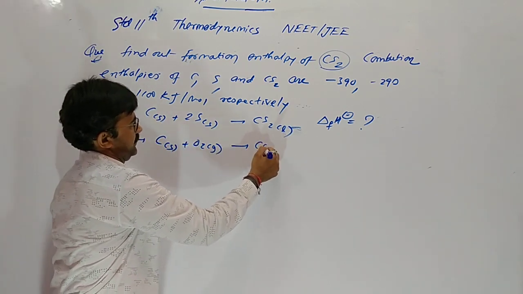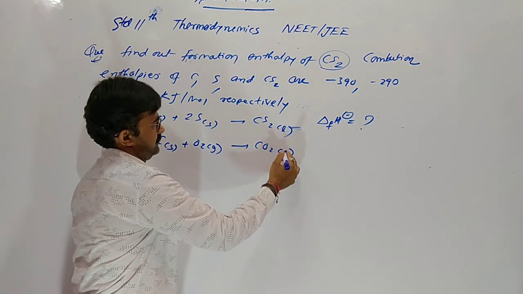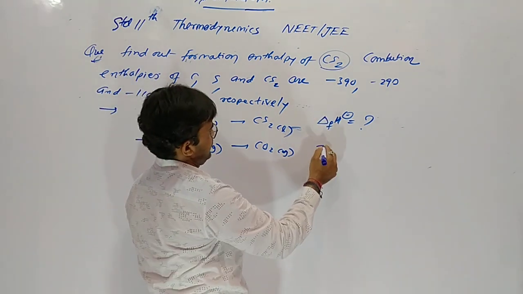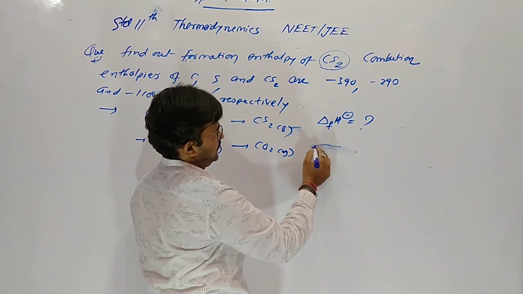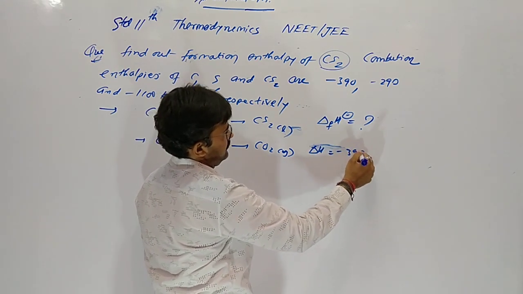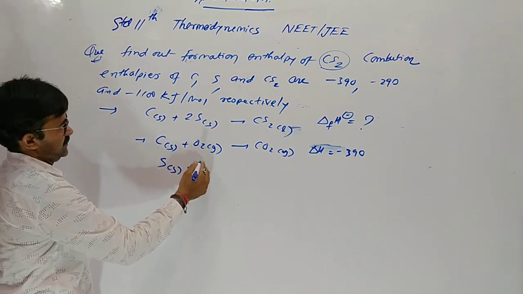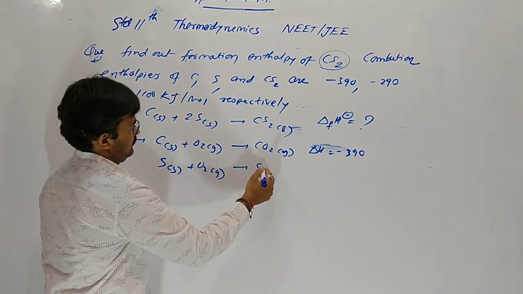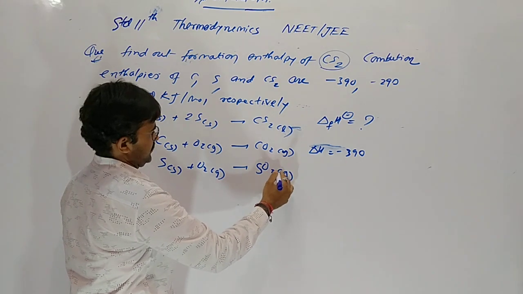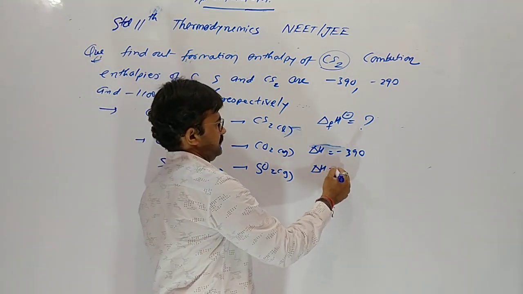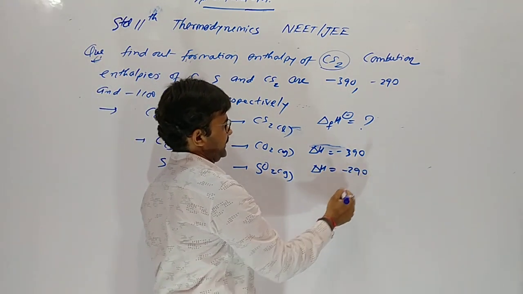Yes. Now also combustion enthalpy of carbon gives minus 390. Yes. Combustion enthalpy of sulfur is also given. So it gives SO2 and 290.